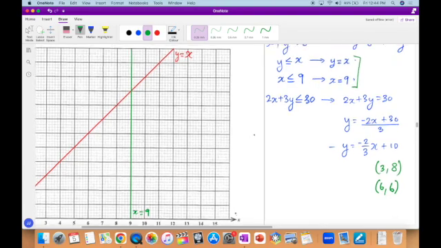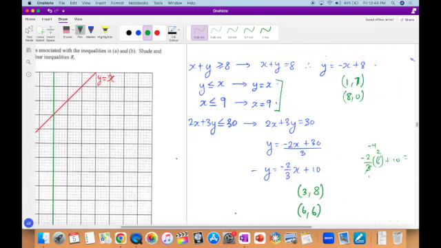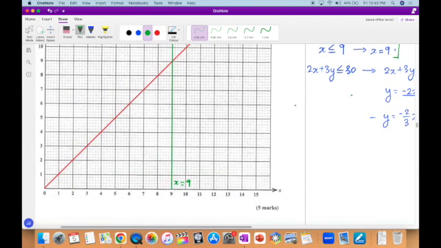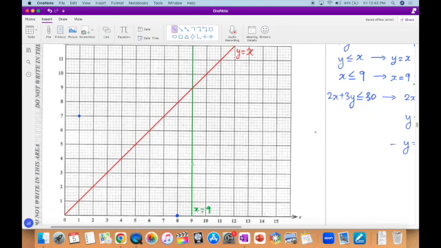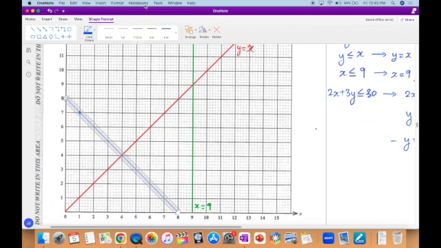And now let's plot this first one. So this will be 1, 7, and 8, 0. So let's use blue for this. 1, 7 is this point here, and 8, 0 is this point here. And so we have this line, and we can see that it does cut the y-axis at 8.